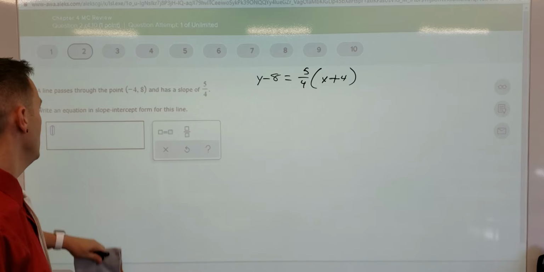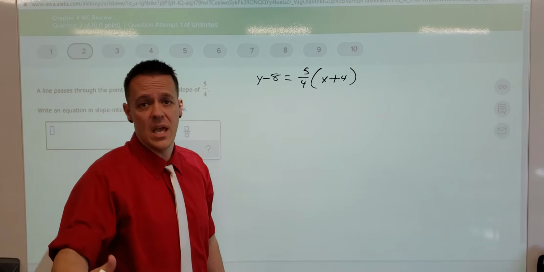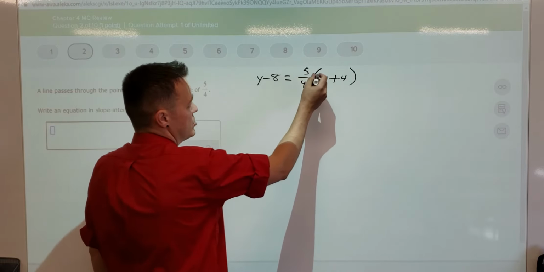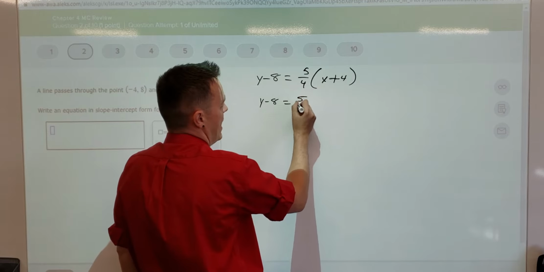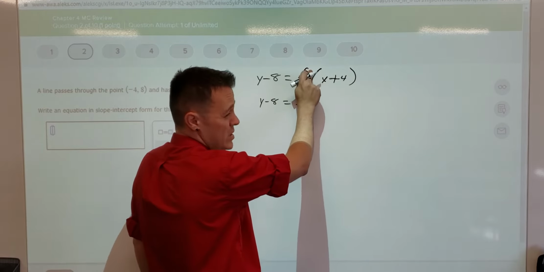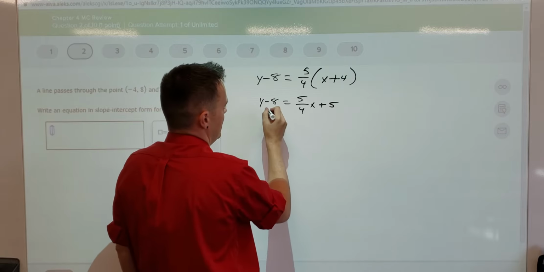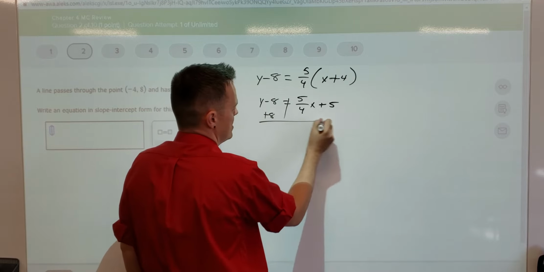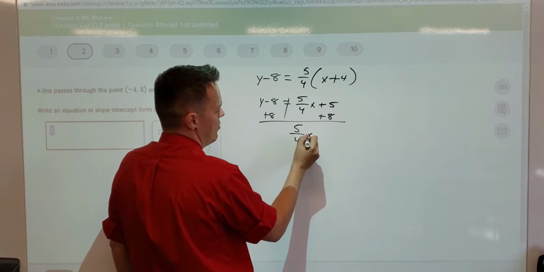Now we have to solve it out into slope intercept form, which is y equals mx plus b. When you solve this out, it's going to be y minus 8 equals 5/4x. 5 times 4 is 20, divide that by 4, you get 5. Then add 8 to both sides, and you get 5/4x.